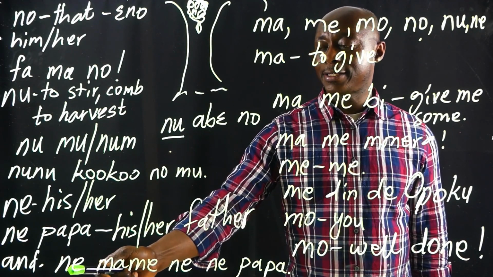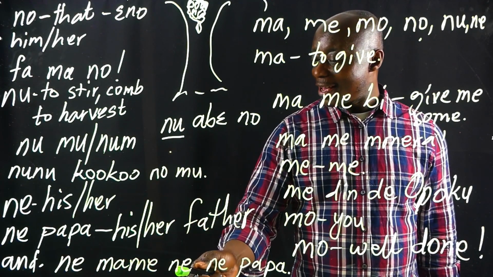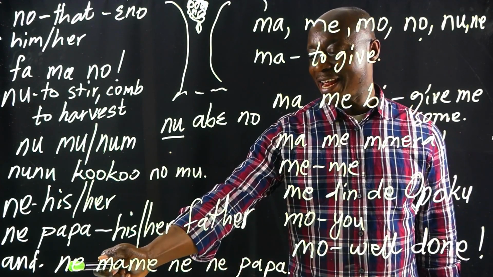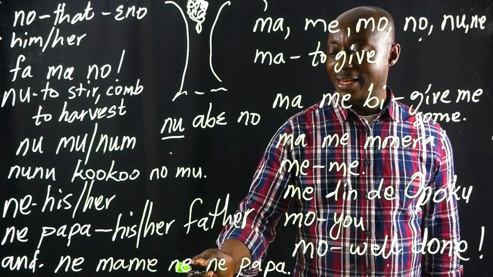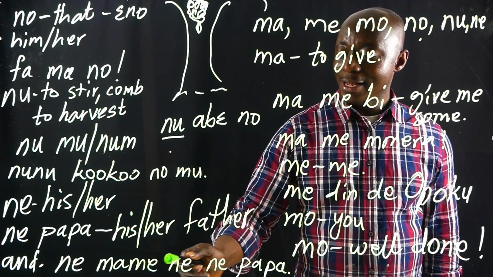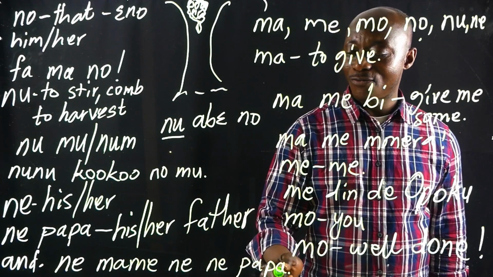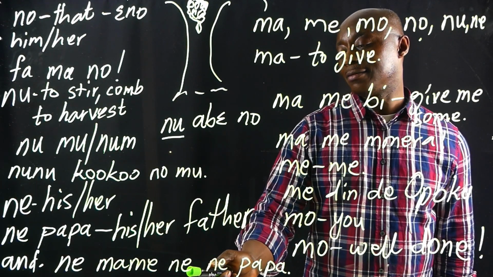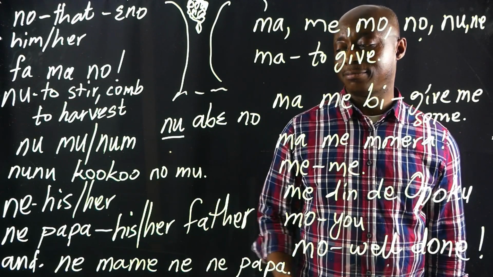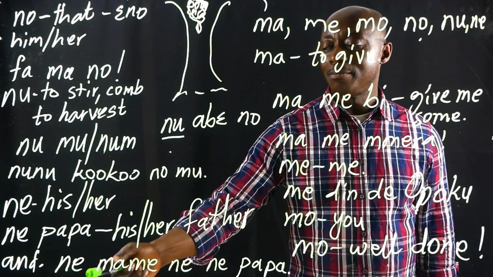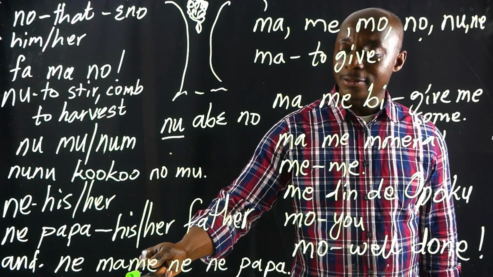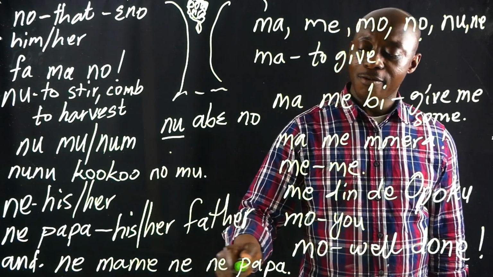His. His mother and his father. Ne maame, ne papa. His mother and his father. So you see that ne here is serving as what? A conjunction. And that means what? And. But the one here means his or her. Her mother and her father.